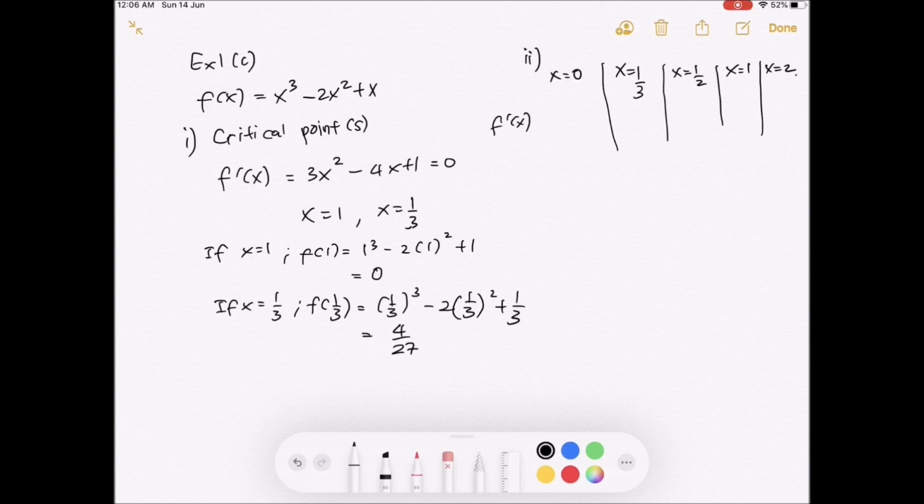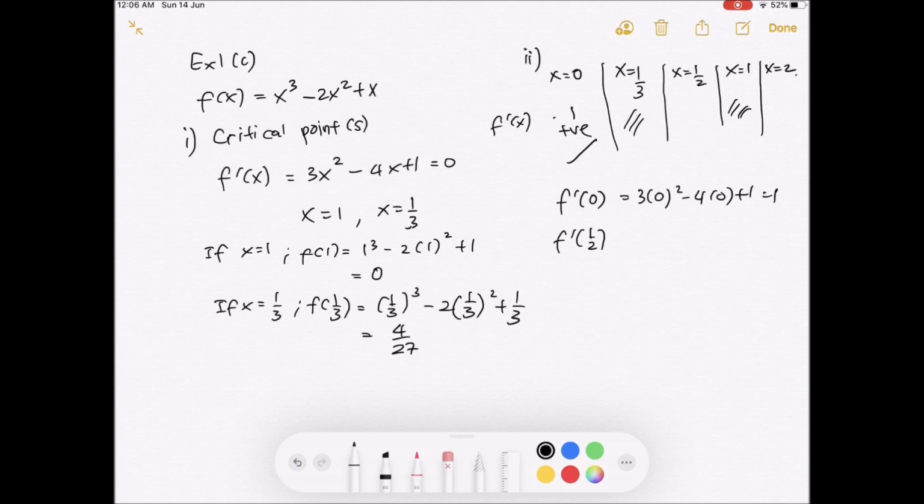Okay, so let's see the pattern of f prime x. If x equals 0, f prime 0 is 3 times 0 minus 4 times 0 plus 1, which equals 1. Since 1 is positive, the slope is increasing.